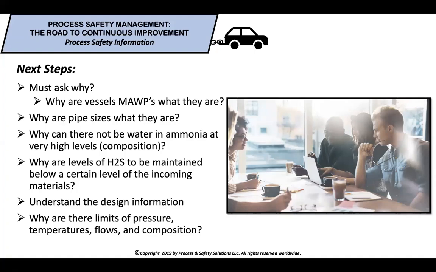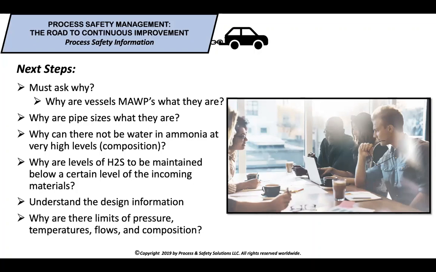Why can there not be more ammonia in the water or water in ammonia at very high levels? That's a composition issue. If you look at IIAR, for example, it limits how much water can be in your anhydrous ammonia. Why? Well, it increases corrosion, etc. So those are the consequences of deviating from those safe limits.